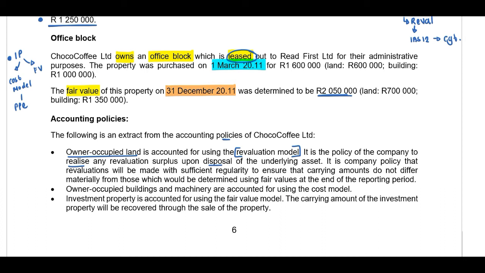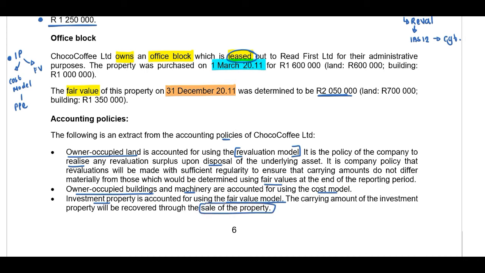It is company policy that revaluations will be made with sufficient regularity to ensure that the carrying amounts do not differ materially from those which would be determined using fair values at the end of the reporting period. Then owner-occupied buildings and machinery are accounted for using the cost model. Investment property is accounted for using the fair value model. The carrying amount of the investment property will be recovered through sale.